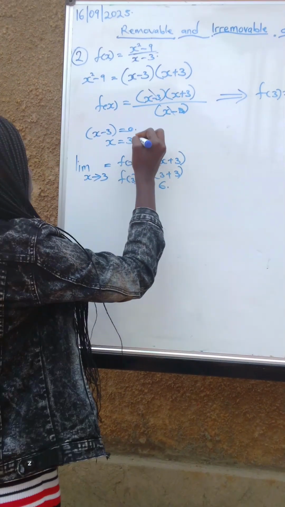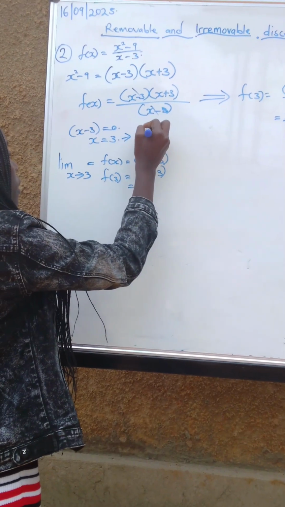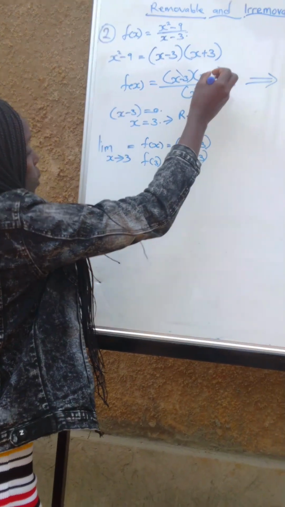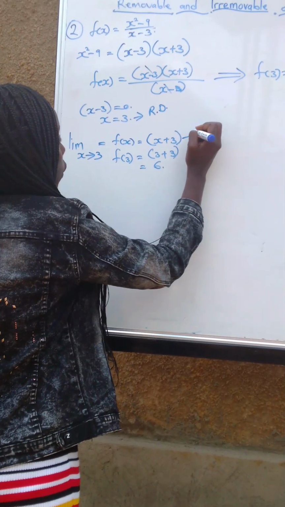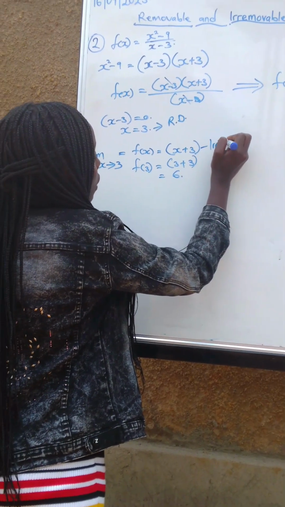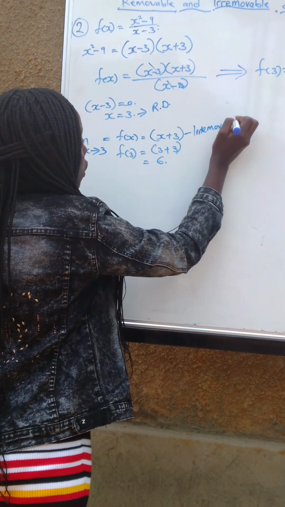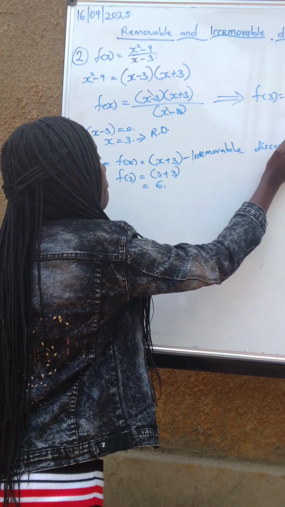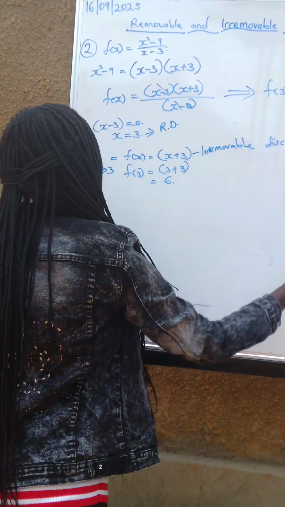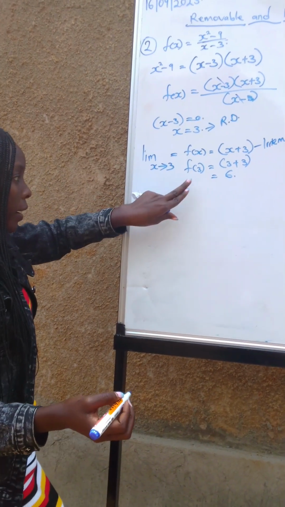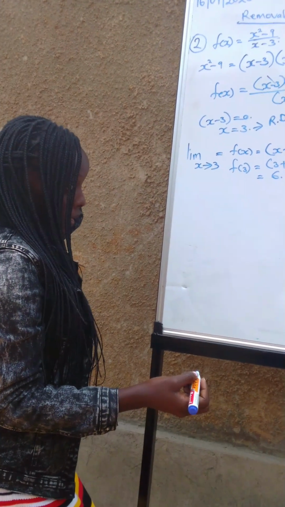That means this is the removable discontinuity. And what does not pass out is what we call the irremovable discontinuity. But if we redefine it, you find f of 3 is equal to 6.